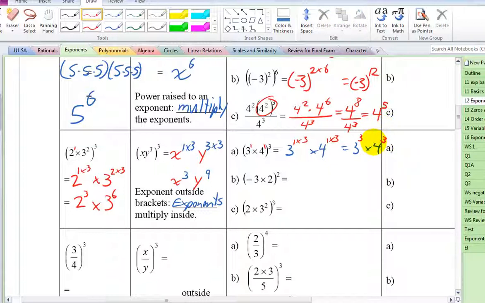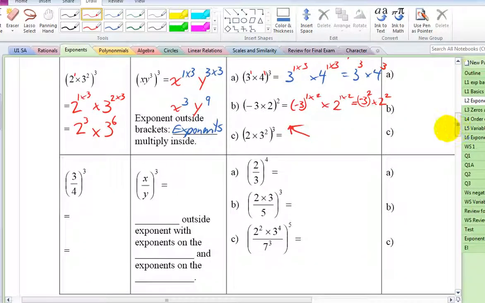Okay, do the next one. So this should be 1 times 2, 1 times 2, negative 3 squared times 2 squared. The last one we already did over there, okay? So you don't need to do that one again.